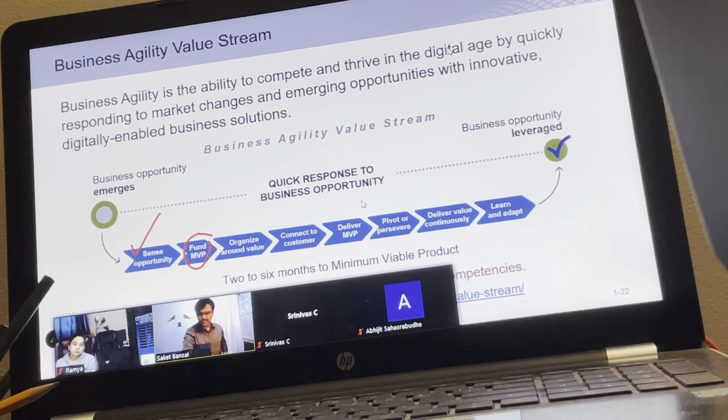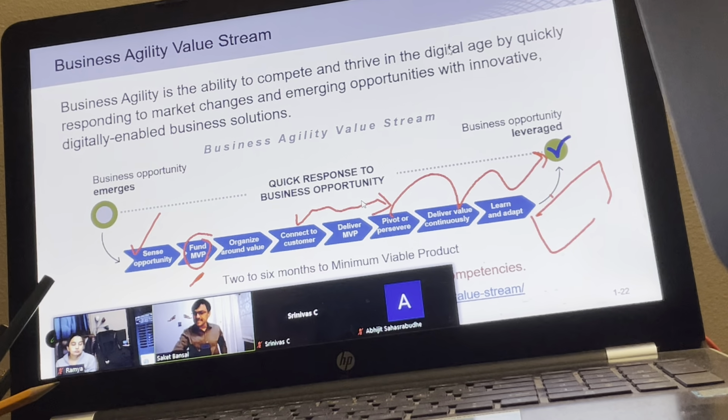We'll learn about the term MVP more, but you identify a portion of work many times. Then you organize and deliver that MVP. You see how the MVP is working. And then if things are not working as per expectation, you modify it. If they are working well, then you continuously deliver and make the business happen. Now, in the real world, there could be many steps here.